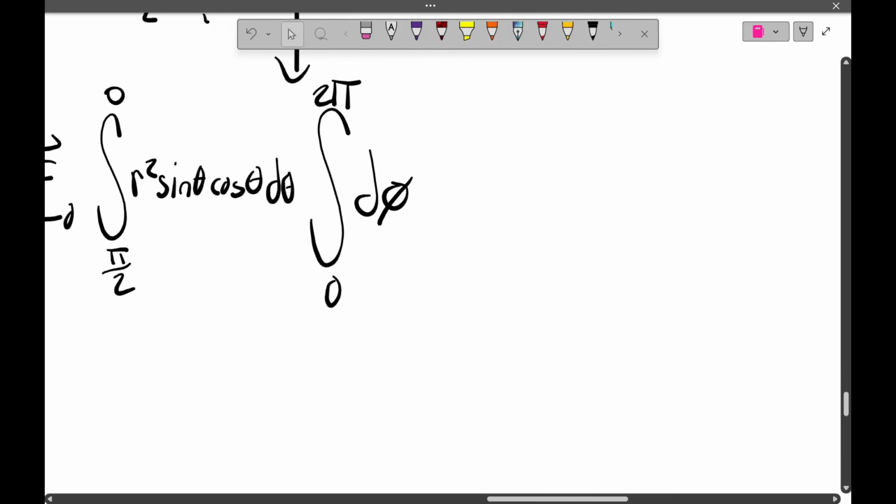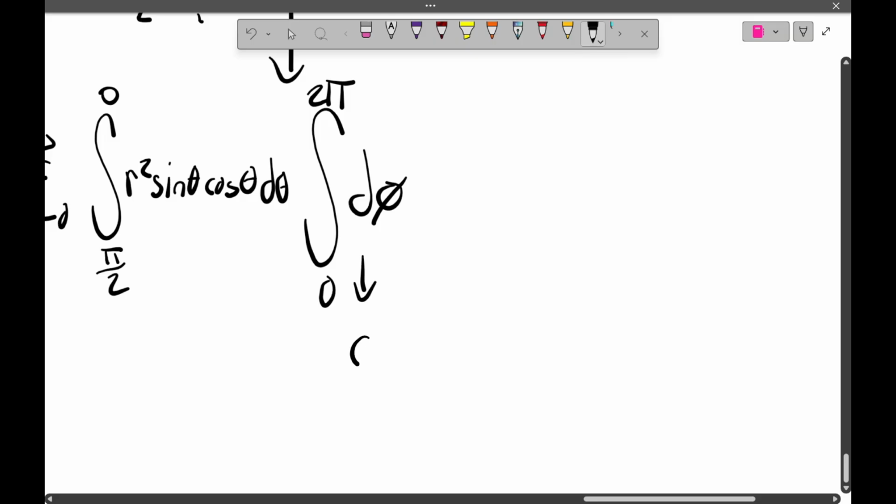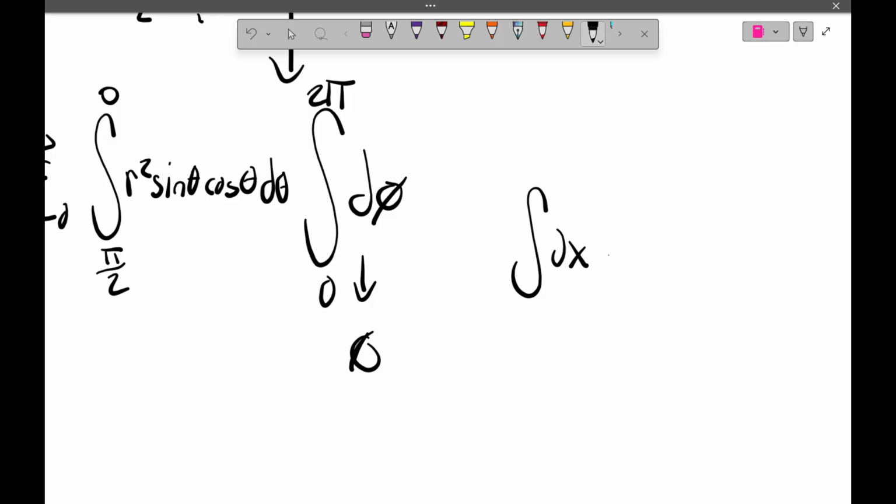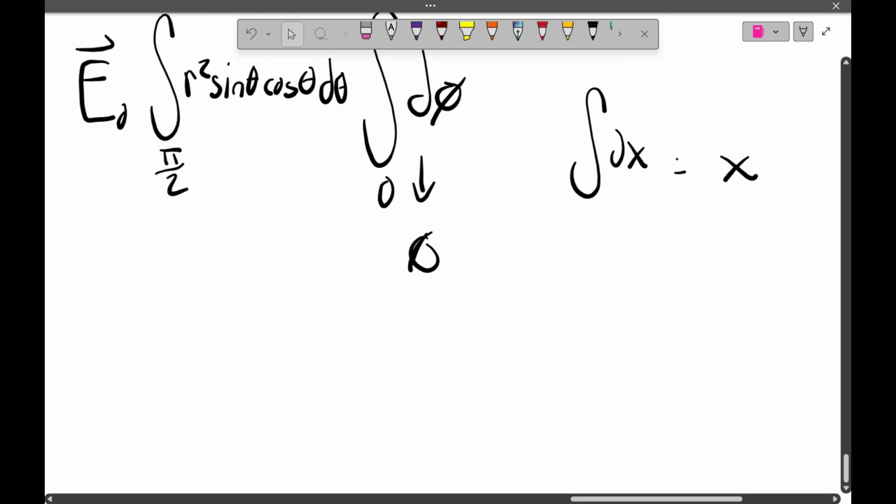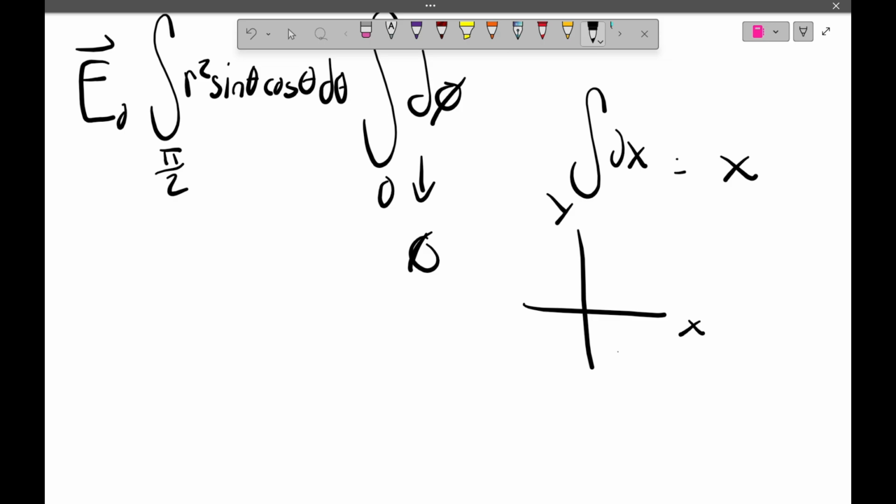All this means is that this of course comes out to phi, right? Because the integral of dx with respect to x is x. All that says is I'm revolving around the entire xy plane to fully capture that hemisphere protruding out. So phi is 2 pi, and phi comes out to just 2 pi.